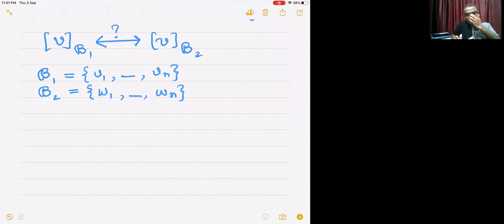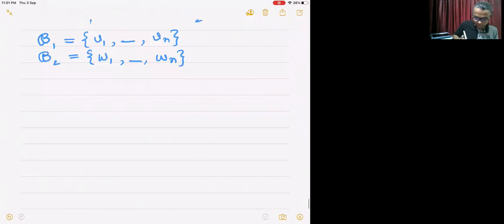Is that all right? Now, if that is the situation, because B1 is an ordered basis, every vector W1 up to Wn can be expressed as linear combinations of V1 up to Vn, right?